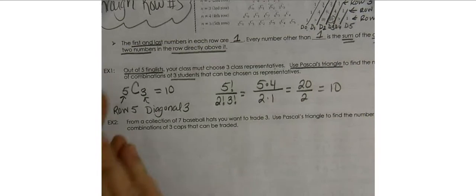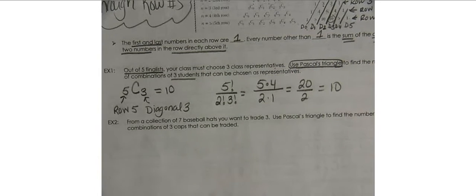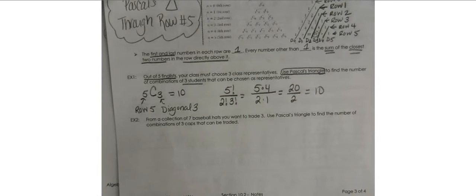But what we want to do is make sure that we understand how to use Pascal's triangle to get the right answer. If you were asked to come up with this answer using Pascal's triangle without using combinations, once you have Pascal's triangle memorized, I would expect you to write down the whole 5th row.